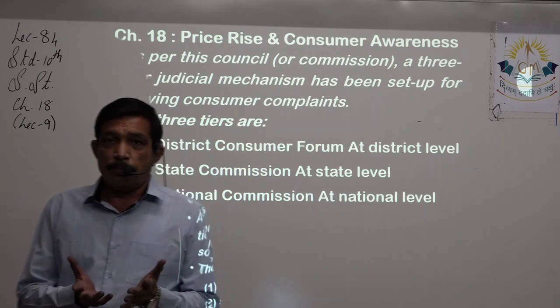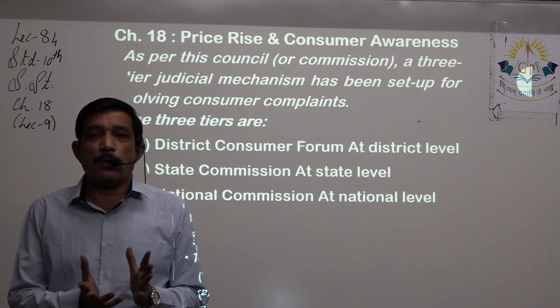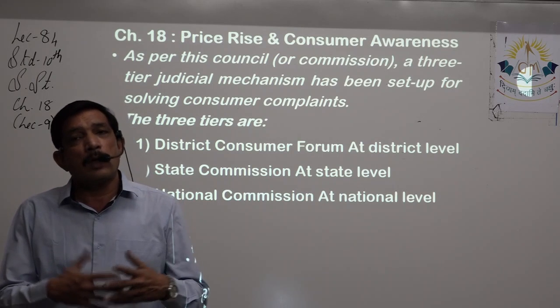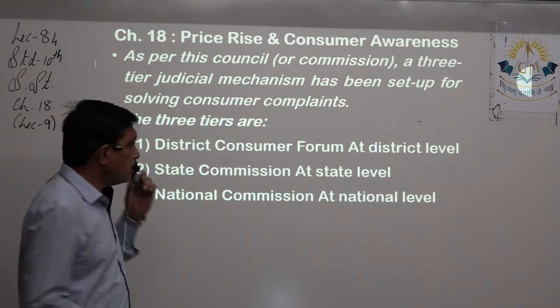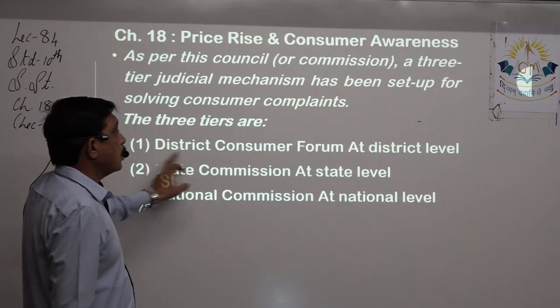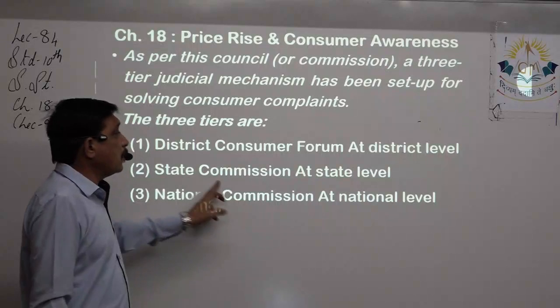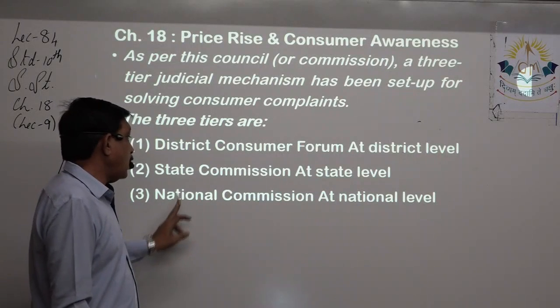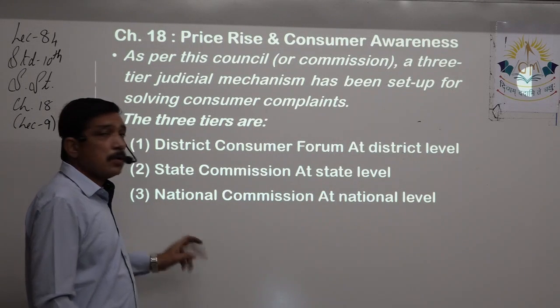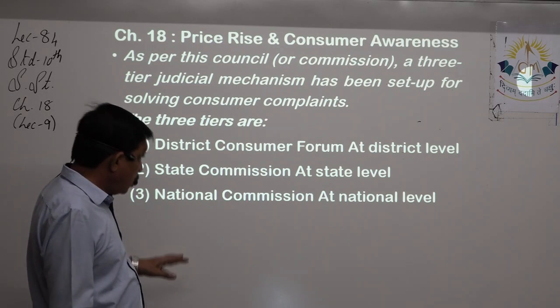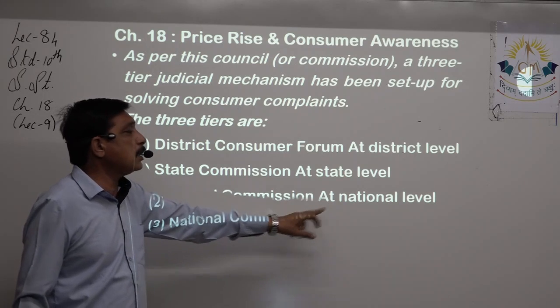Forum is a platform where people get together, debate, discuss, and come to a solution, right? So the forum is at district level. The next level is the State Commission at state level, and at the center, for the whole country, one apex consumer protection body, the National Commission at national level.